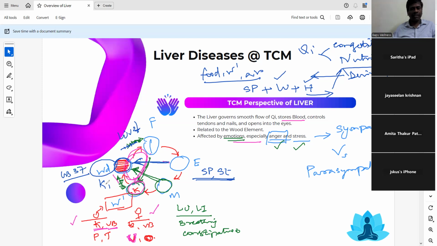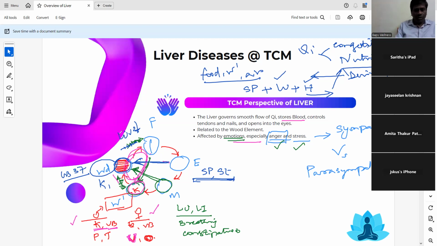So the combination varies, whether it is liver 3 with GB 37, or here with spleen 1. All those points will vary depending upon the condition.